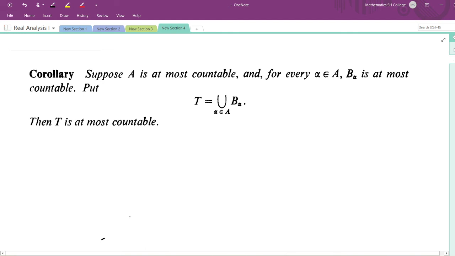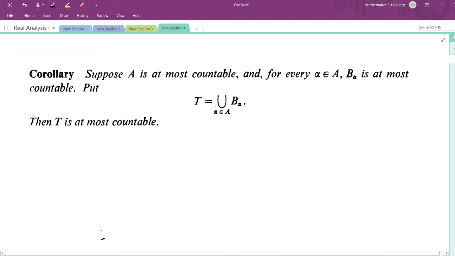So T is either finite or countable. So T is at most countable. This result follows from theorem 2.12. Also we can say that T is equivalent to a subset of S. So T is at most countable.